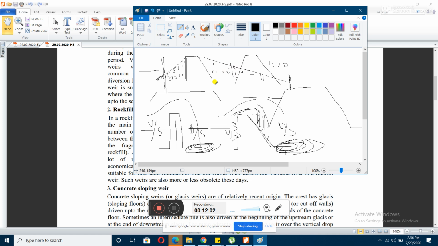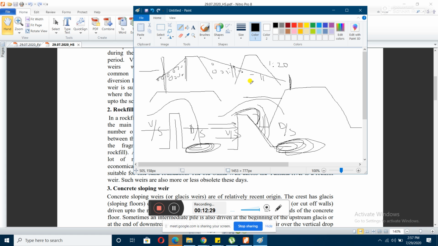Has everybody understood the difference between those two? Basically both are the same, but in vertical drop weirs the complete structure is masonry, even the slopes. In rock fill structures, we build the weir wall through masonry only, but the slope is made through rock fill materials.